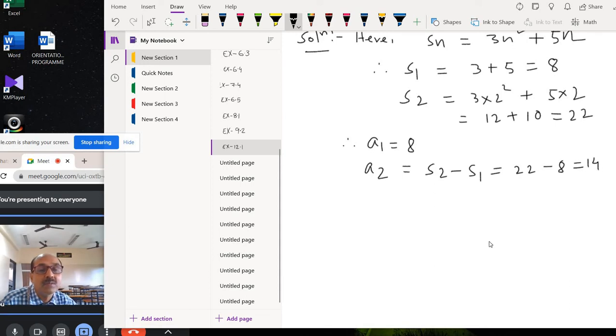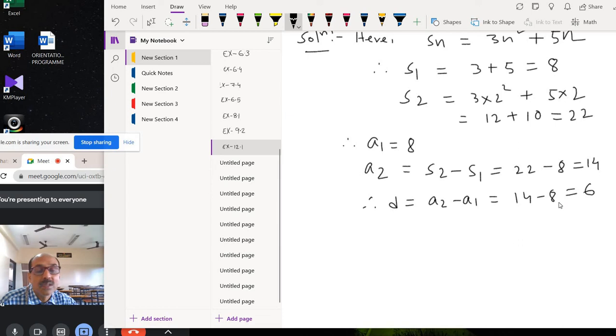Now, therefore d, common difference, 14 minus 8 equal to 6.